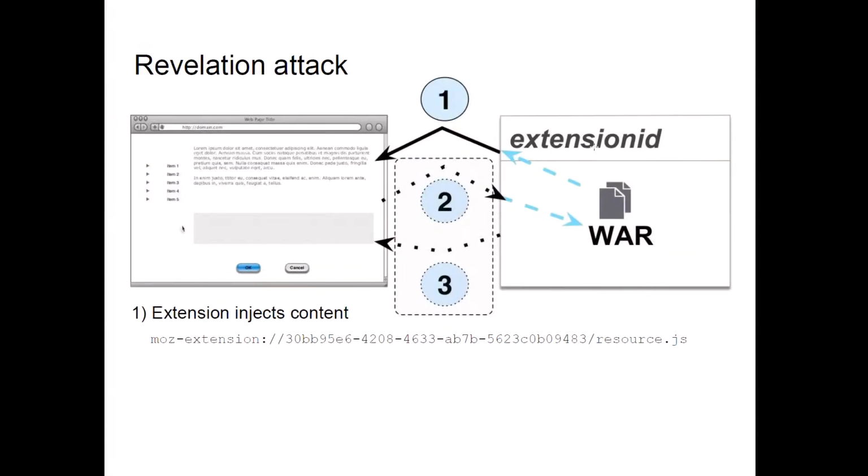So based on what Mozilla is doing, we can no longer just probe for extensions. But if we monitor our own DOM and we see a URL like this, then that means an extension has injected some sort of content. Then we can pre-compute offline a mapping from the resource to all the potential extensions it can be.